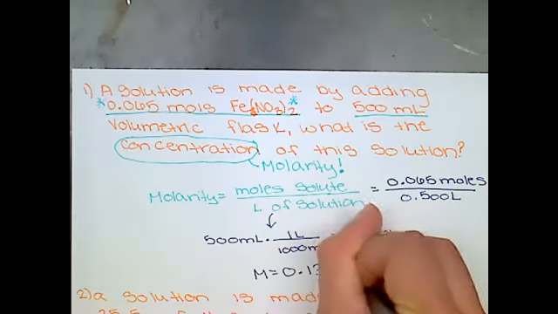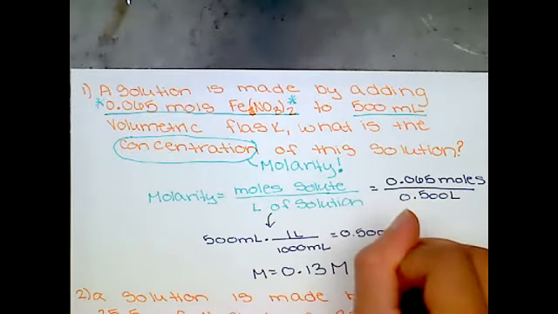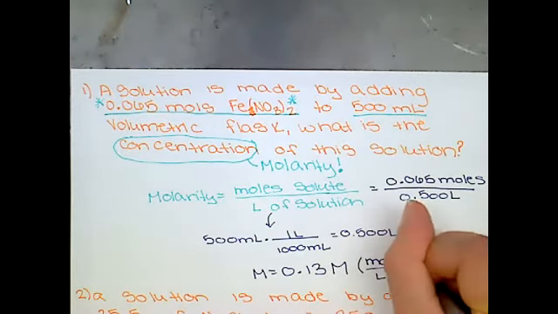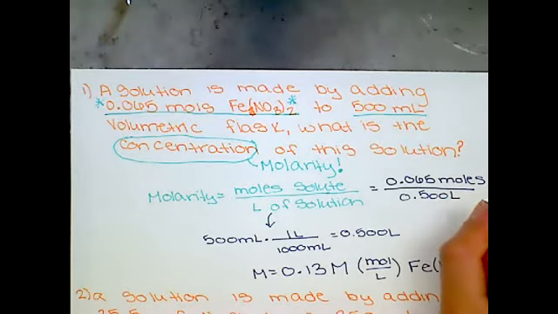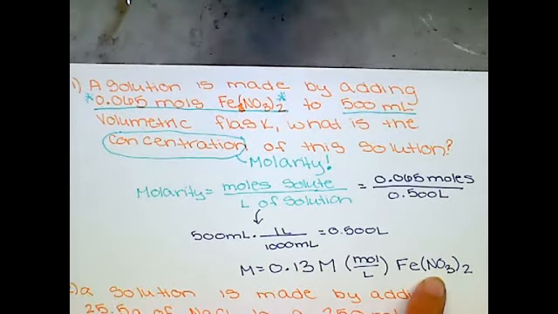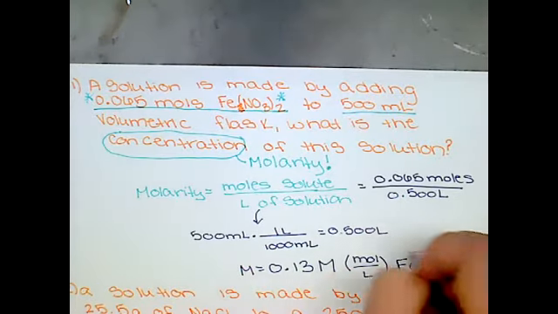You could either put a capital M for molarity or you could put moles over liters. You also want to make sure you identify what type of solution, so I'm going to put the iron 2 nitrate at the end. It's important that you put that so we know what solution we're talking about. So that is your answer for the first one.